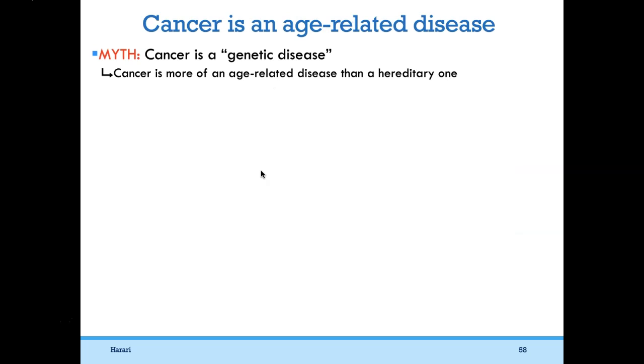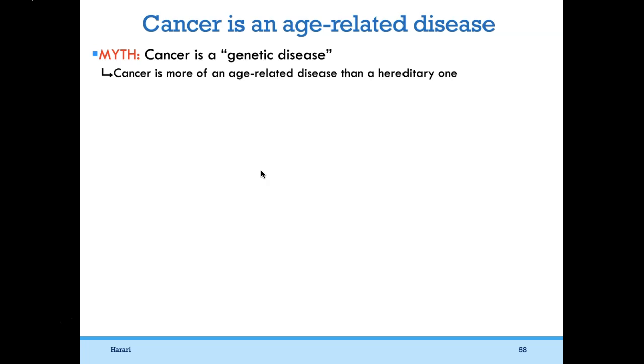And cancer is not a genetic disease, quote unquote. So a lot of people say, oh yeah, cancer is genetic. But in fact, cancer is more of an age-related disease than a hereditary one. Yes, there are cases of inherited cancers, right, like in childhood cancers. You'll read a lot more about that, hopefully, in the relevancy module on cancer. And you can have a predisposition to developing cancer.